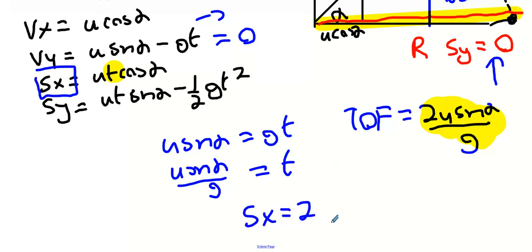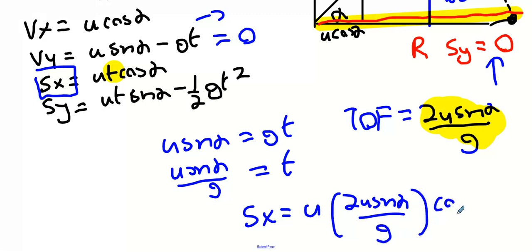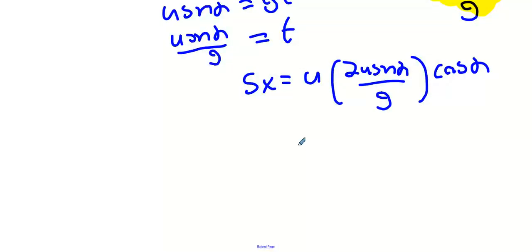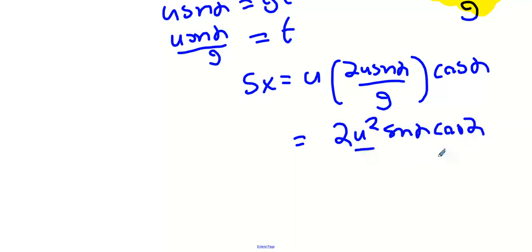It's ut, so it's going to be u times 2u sine alpha all over g, and then cos alpha. What do we get now? 2u squared sine alpha cos alpha all over g. And that's part 1 done.